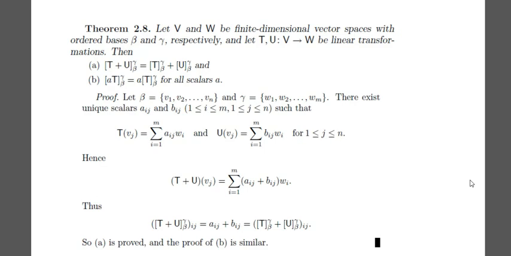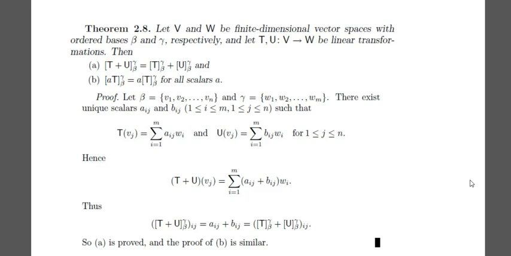So let us take two bases, beta and gamma. So beta is equal to v1 to vn and gamma is equal to w1 to wm. Now there exist scalars a_ij and b_ij such that T of v_j is summation i equal to 1 to m a_ij w_i, and U of v_j is equal to summation i equal to 1 to m b_ij w_i.